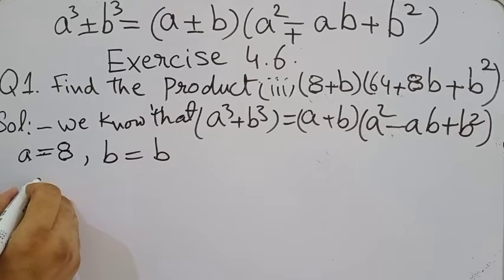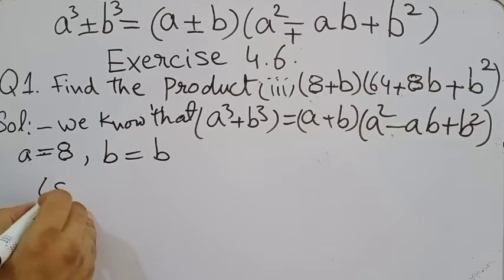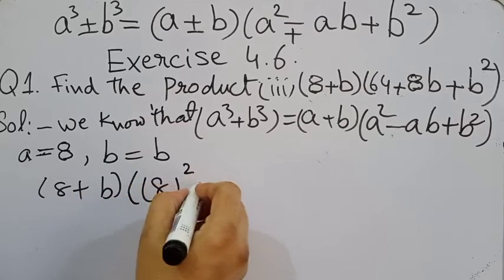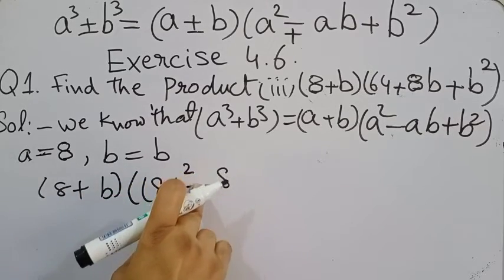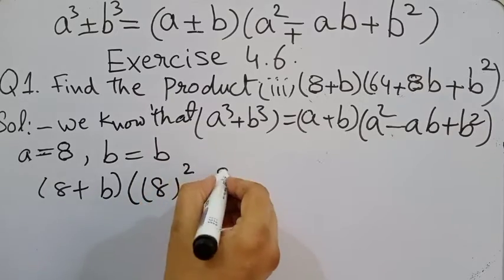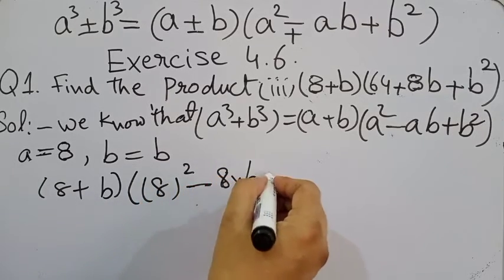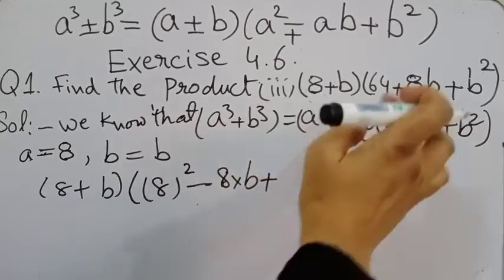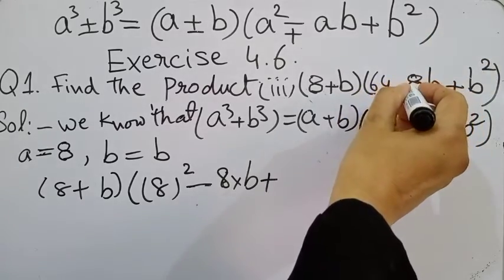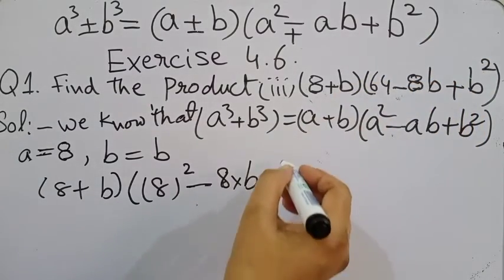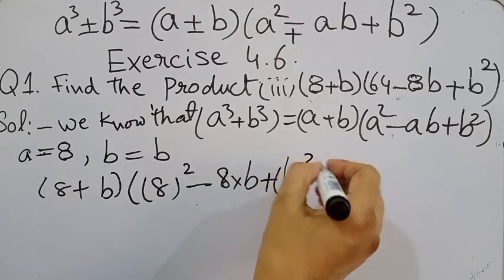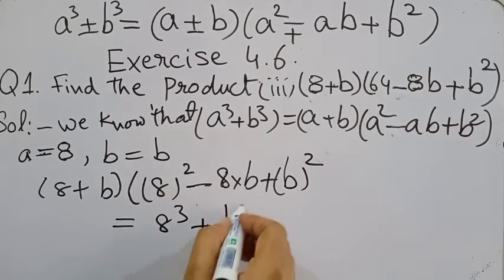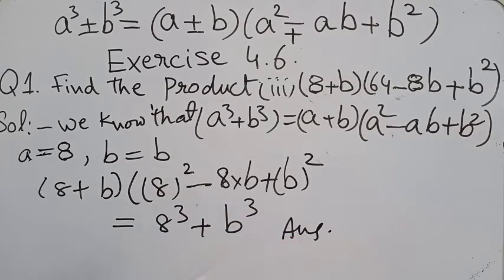So 8 plus b into 8 square minus 8 into b plus b square, we have here minus sign. This is equal to 8 cube plus b cube, which is our required answer.